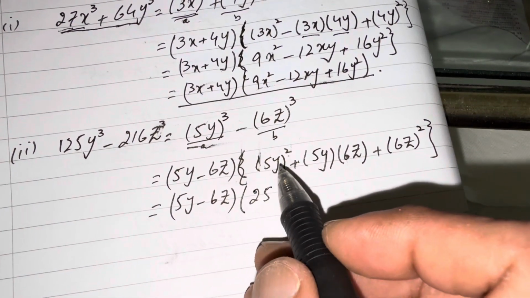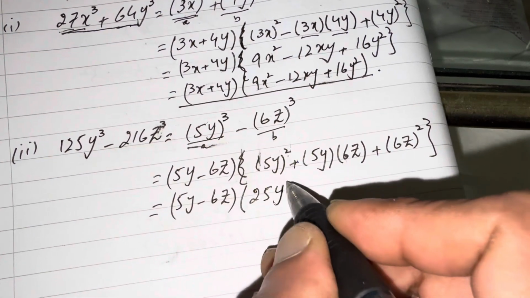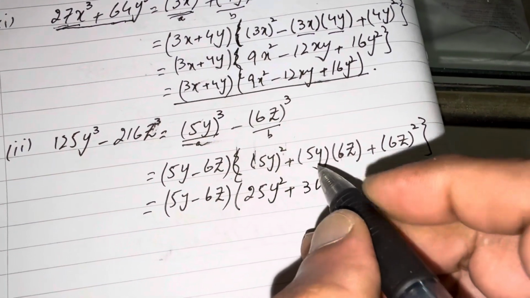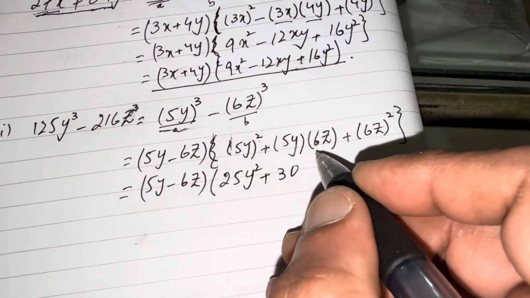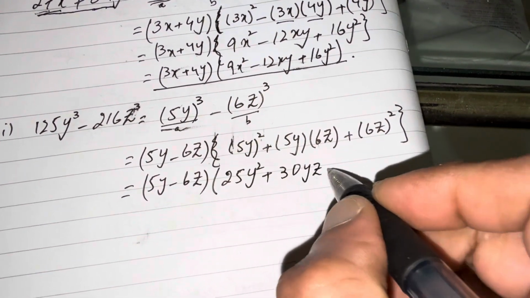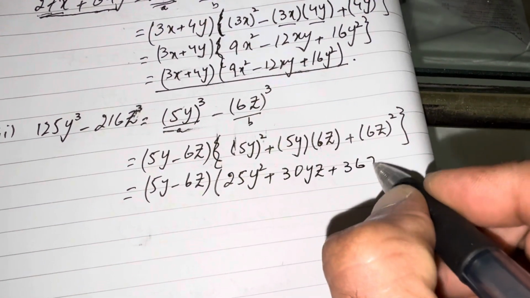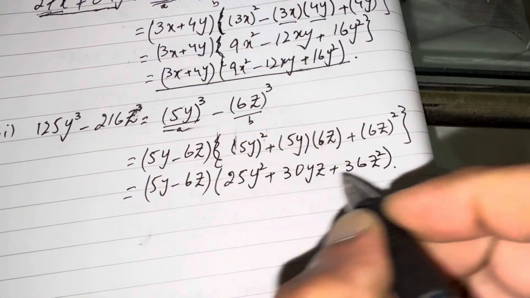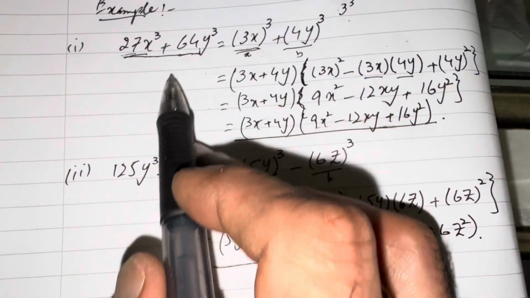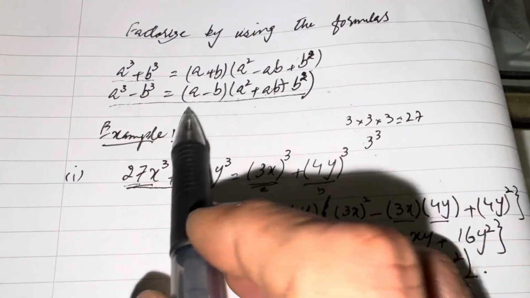So 5 multiplied by 5 is equal to 25, then y square, plus 5 6s are 30 yz, and then plus 6z square means 36z square. So that is the factorization of two different examples by using these two formulas.